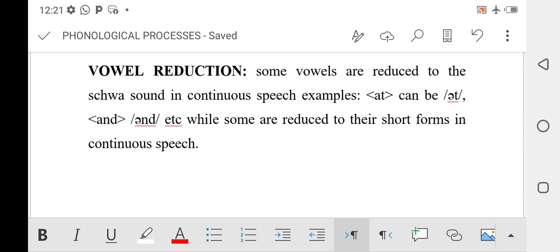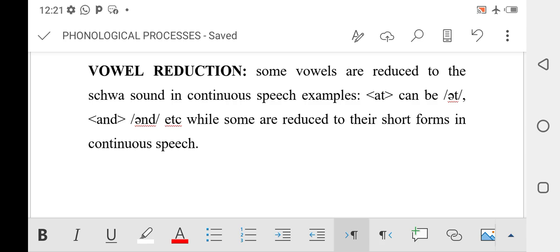Let's say you are gisting, and the gist is very entertaining, and you become enthusiastic, you just keep flowing in your talk. You can't come at a place and say, "I went to the school at." No, you say it with the weak form. So at and and become reduced.